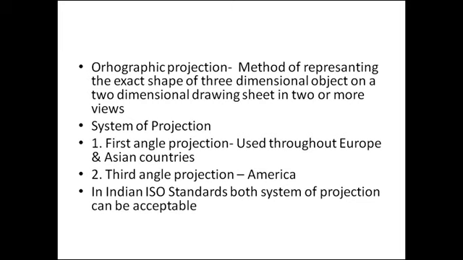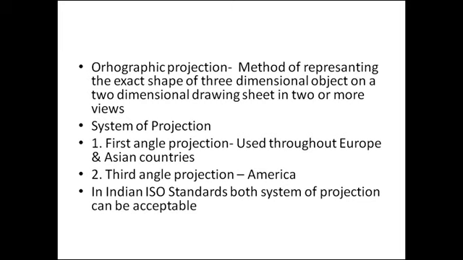So for understanding purposes, we take some sectional view, front view, top view, and side view, and then we understand the geometry of that object. Whatever we show on the drawing paper, front view, top view, side view, is called orthographic projection.